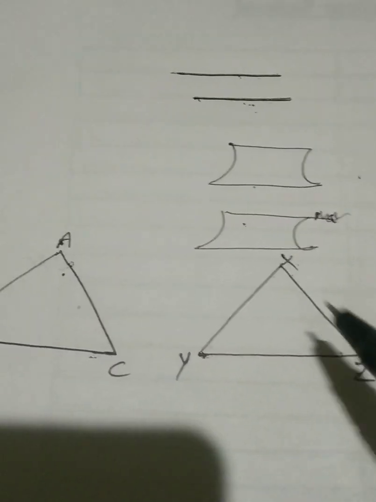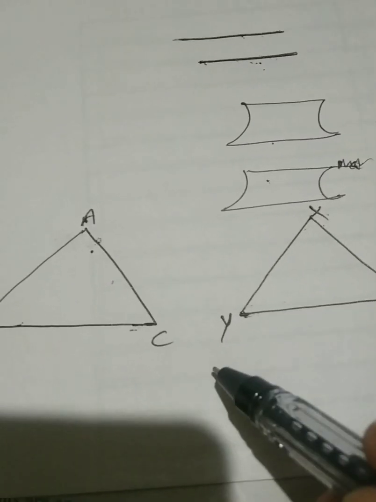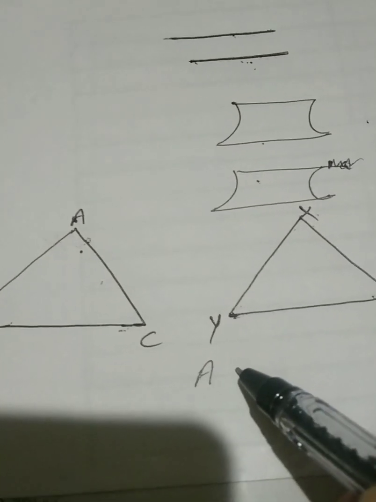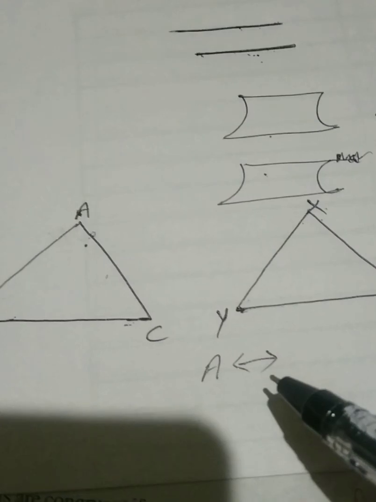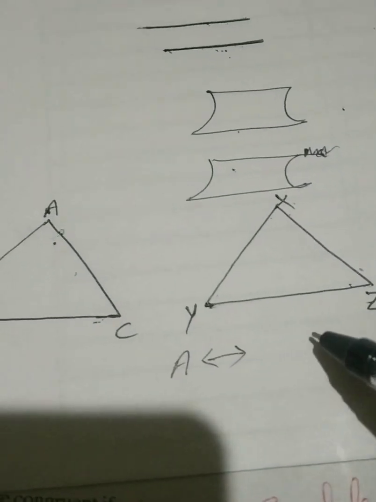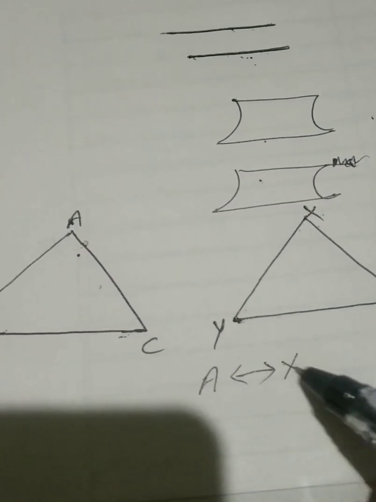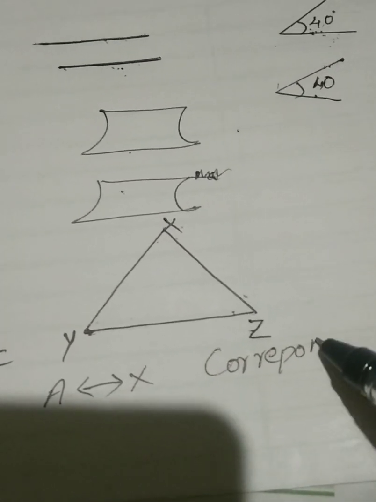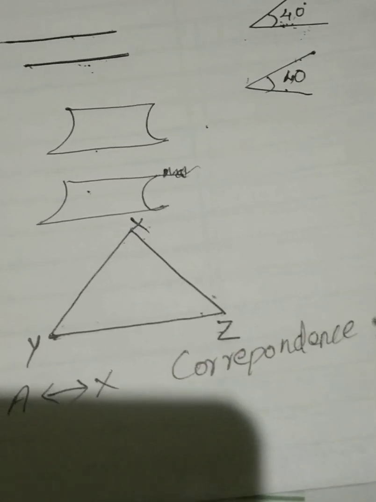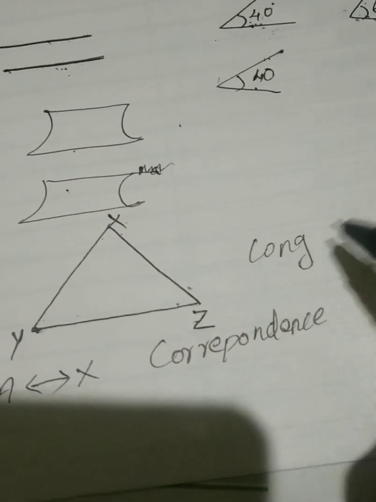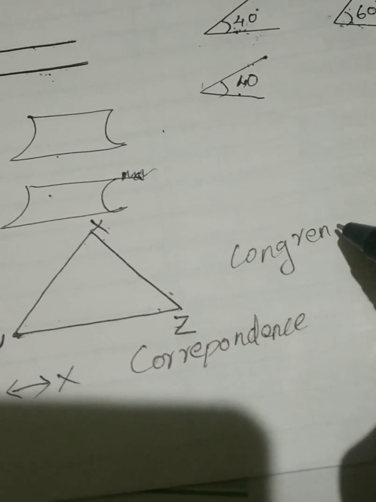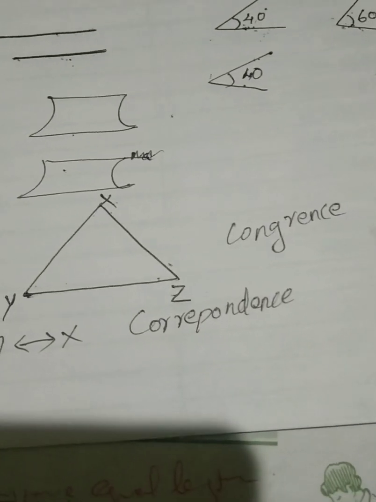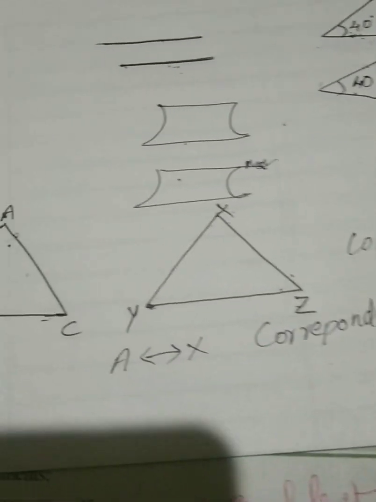That is, angle A corresponds to angle X. We use the word correspondence. Correspondence is a new word for you. This is a very important part of geometry: congruence, correspondence and so on.